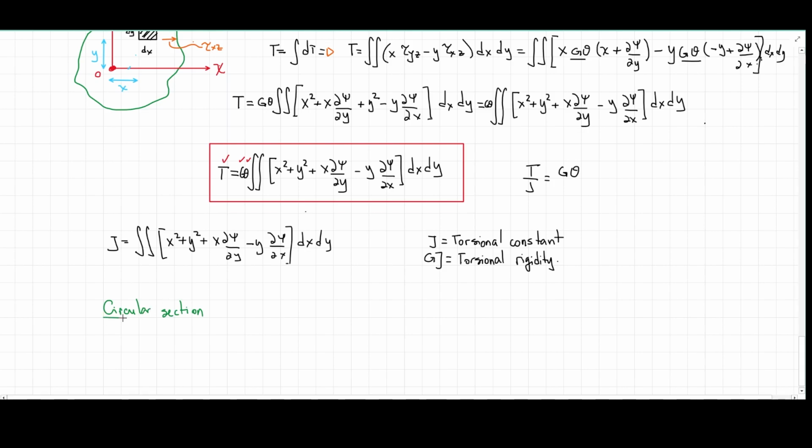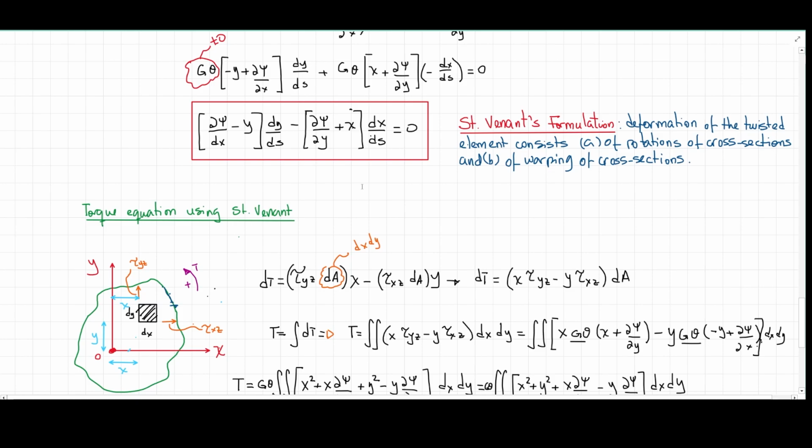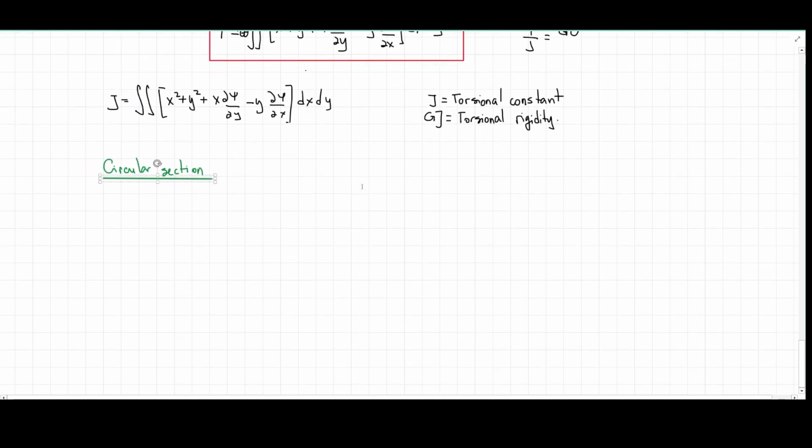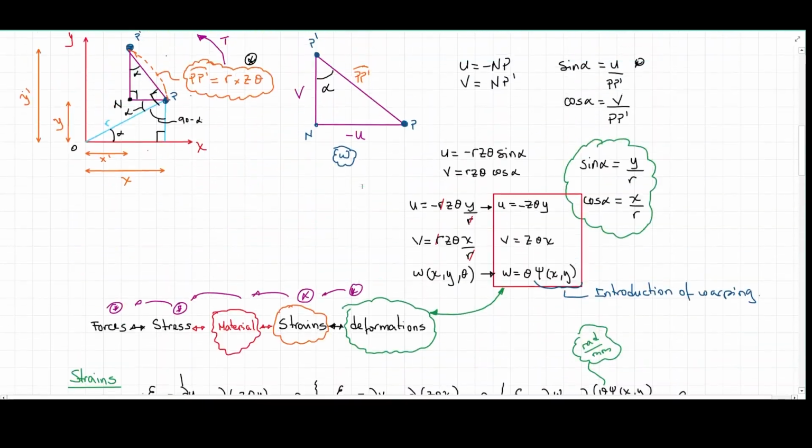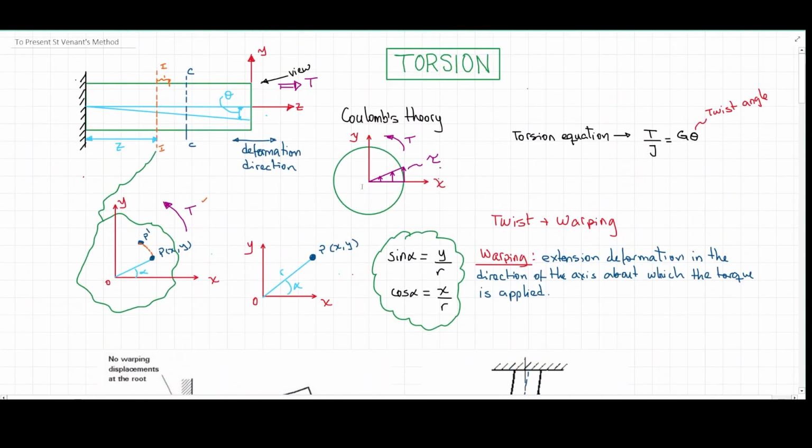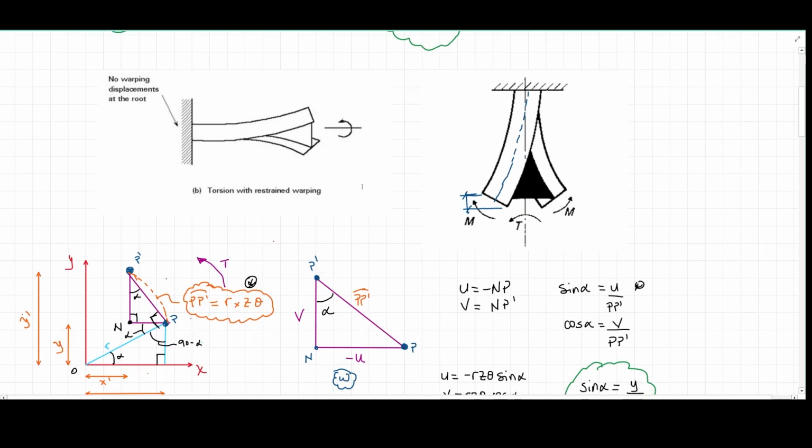One of the benefits of having a circular section is that it is demonstrated that there is not going to be any warping, meaning that the warping component of Saint Venant can be disregarded completely. Coulomb is the one used for these circular sections, and then there's no warping, and then we can use it like that.